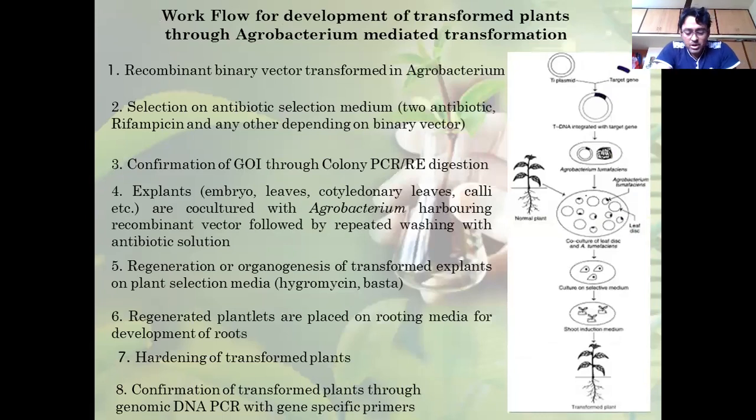Now, after development of the recombinant vector, we need not worry about the construction of the vector, because we will simply clone the gene in the TA vector, depending on the TA system or depending on the restriction enzyme based digestion and ligation system.